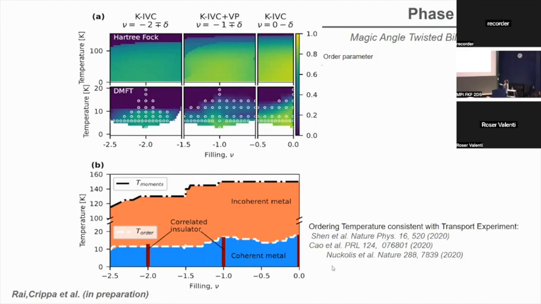On the top, what I'm showing now is the order parameter. We define an order parameter that is non-zero as soon as we are in the symmetry broken phase, and is zero in the symmetric phase.